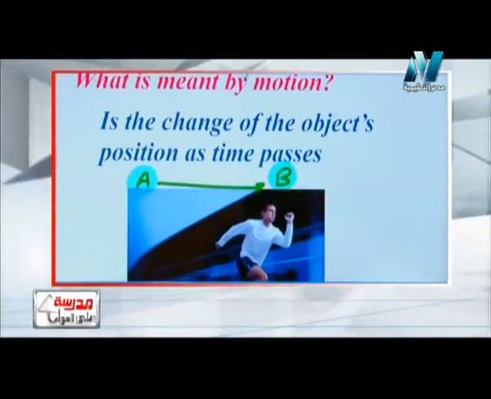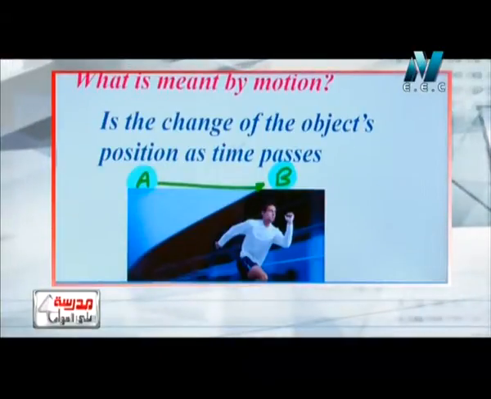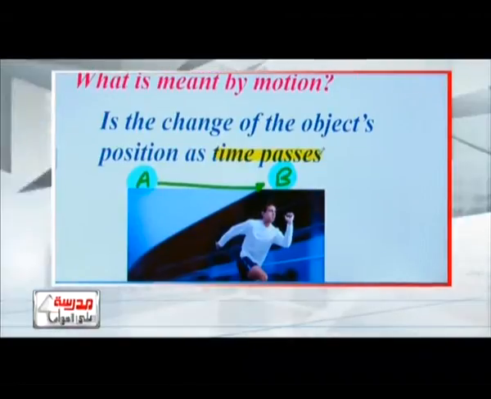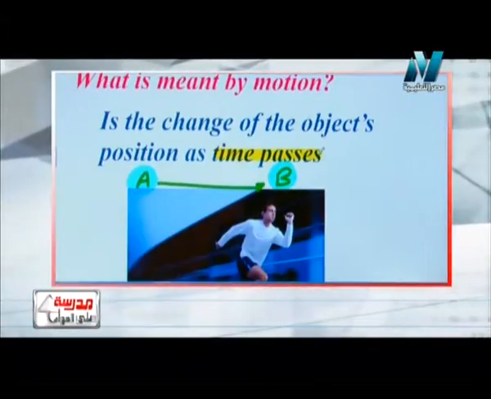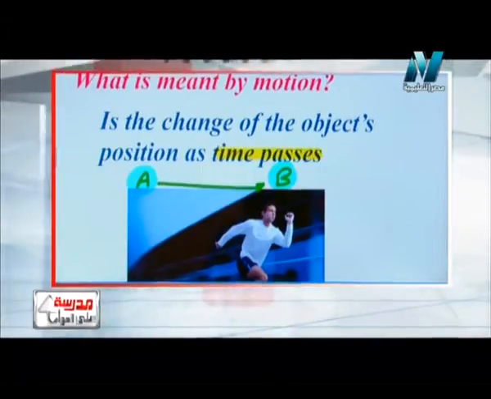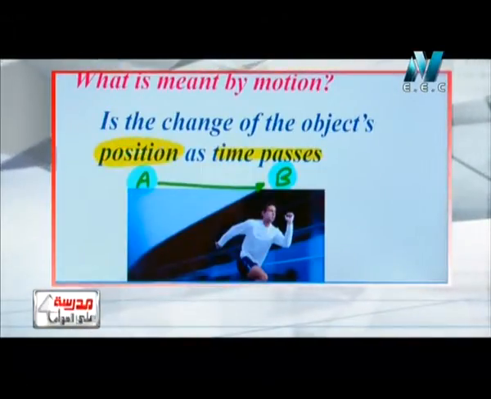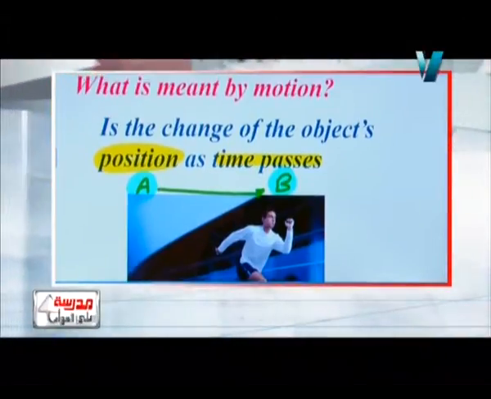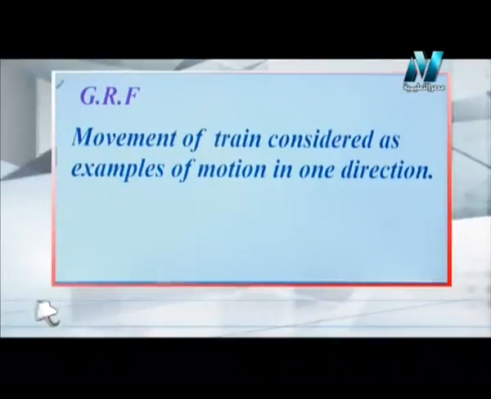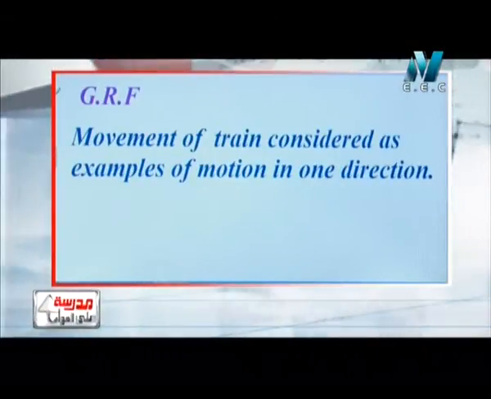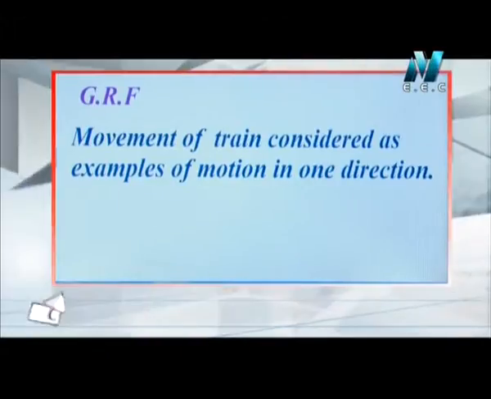So through time, or as time passes, here is another factor affecting the motion of any object. So here, the change of the position of any object as time passes. And here we will go through the syllabus, as here we have the movement of a train considered as an example of motion in one direction.